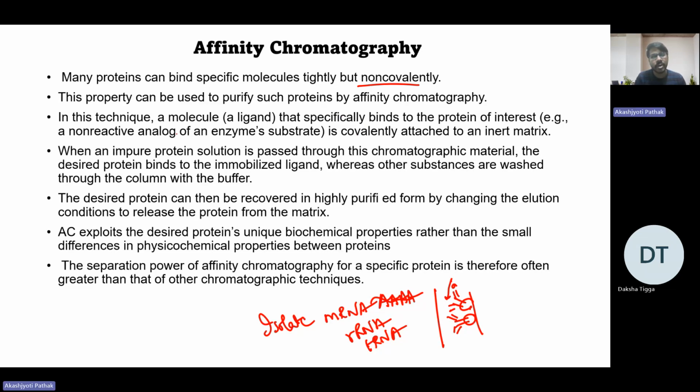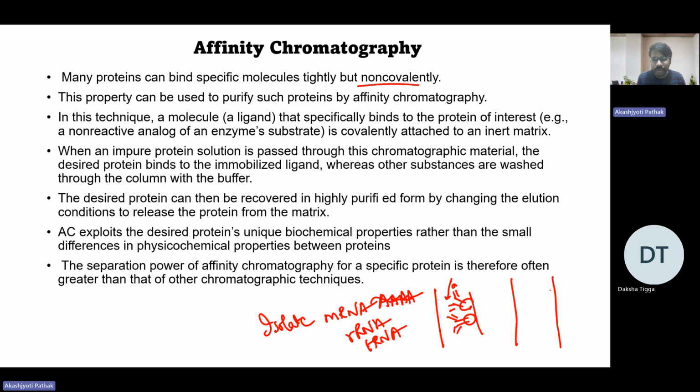So in this technique, a ligand that specifically binds to the protein of interest is used. A non-reactive analog of an enzyme substrate is covalently attached to an inert matrix. So basically, in size exclusion chromatography, we were utilizing the pore size of the gel beads.